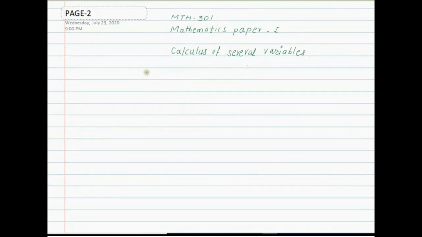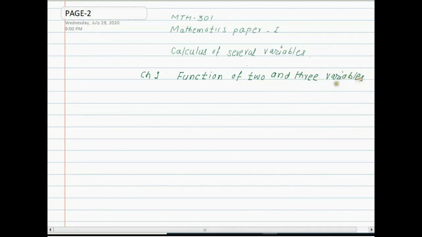Let us begin with the first chapter, Function of two and three variables. So, what are the contents of this chapter?